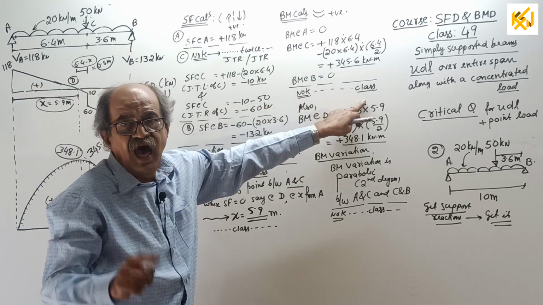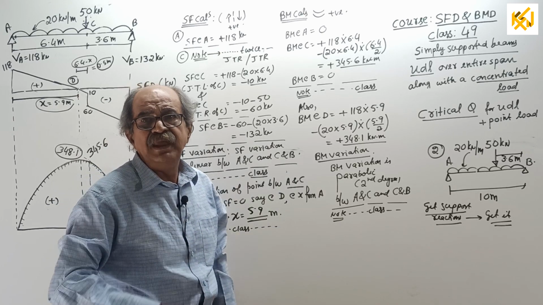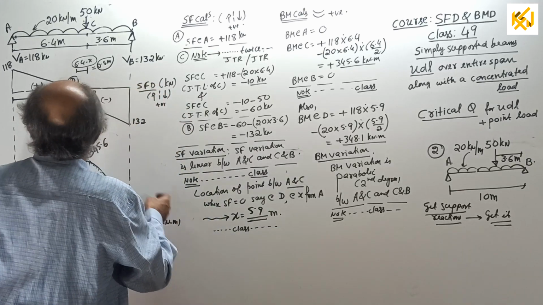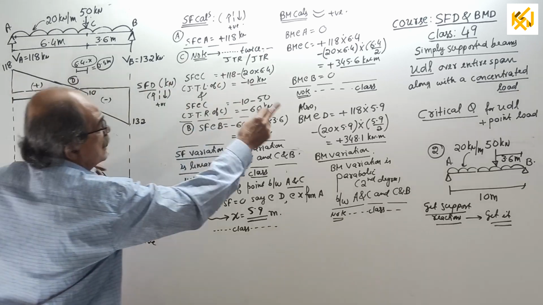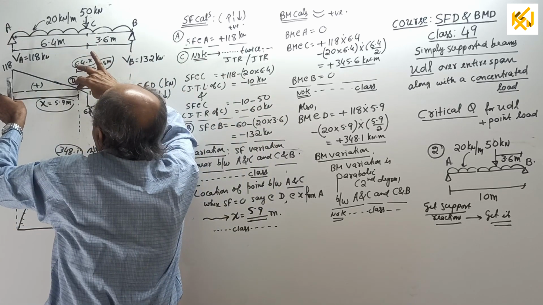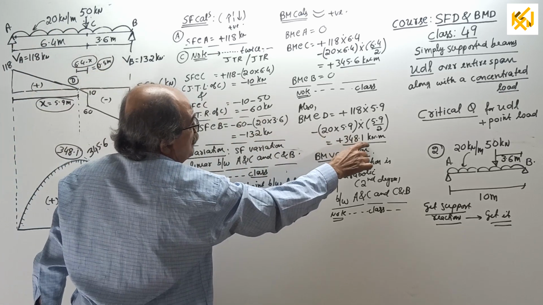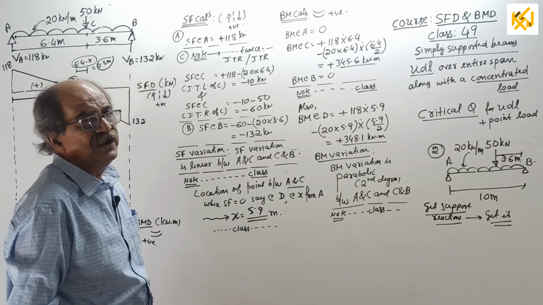Note, class, I am telling now, it is not over. We also have to find the BM where SF is 0, at point D. So also BM at D, looking this side: plus 118 into 5.9 minus 20 into 5.9 into 5.9 by 2, which will come plus 348.1.